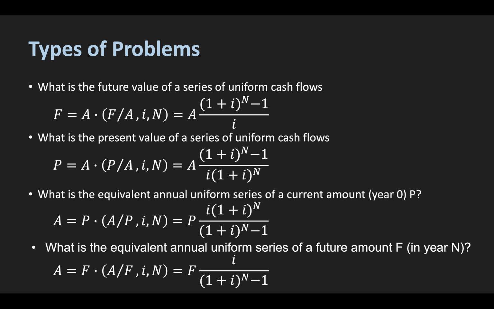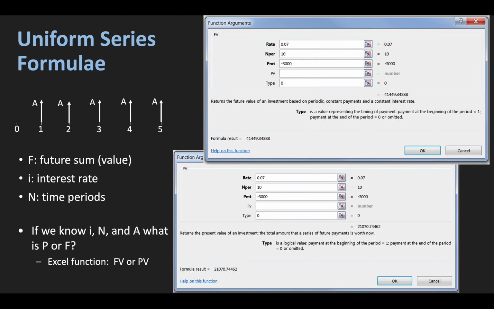So that's the type of problems, and we're going to see a few examples here. First one, future sum, right? Again, this is the uniform series.